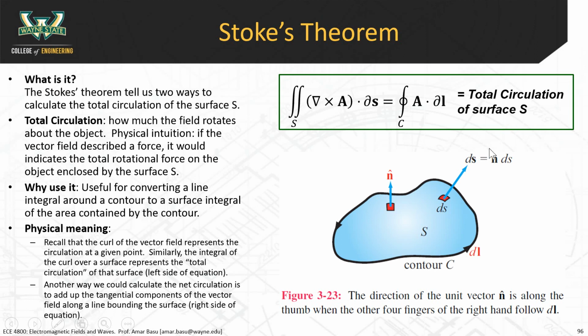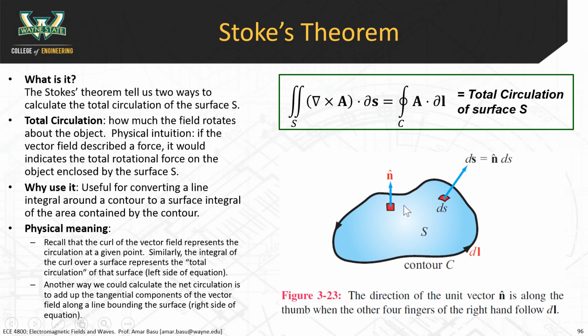So the first way of calculating the circulation is the example that we just did in the previous example. We took the line integral. We took A dot dl, and we took the integral of that along a path. Actually, the example that we did was an open path. We didn't go all the way around the quarter circle. So that was an example of an open line integral.